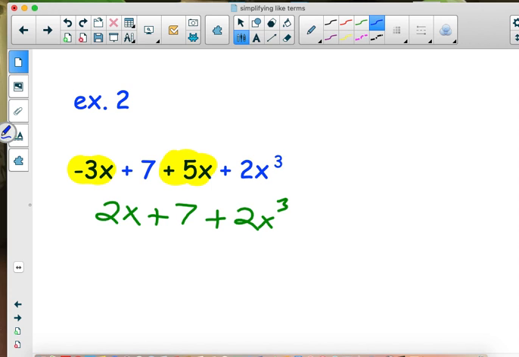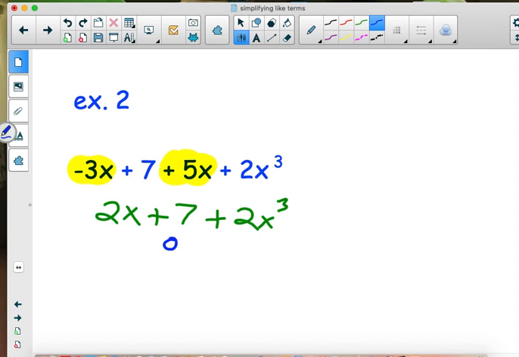Another thing is in high school, if you have different powers, they want you to put it in order. Which one is to the highest degree? The highest power degree. 2x cubed. Yes, because it's to the third power, that's to the greatest degree, and they want that one to go up front.